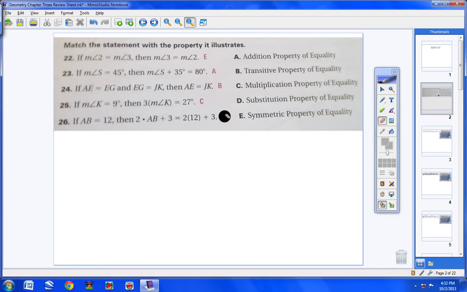And let's take a look at what D would be here if I can get this eraser to work. If AB equals 12, then 2 times AB plus 3 equals 2 times 12 plus 3. Now, I'm trying to see how they did this here.